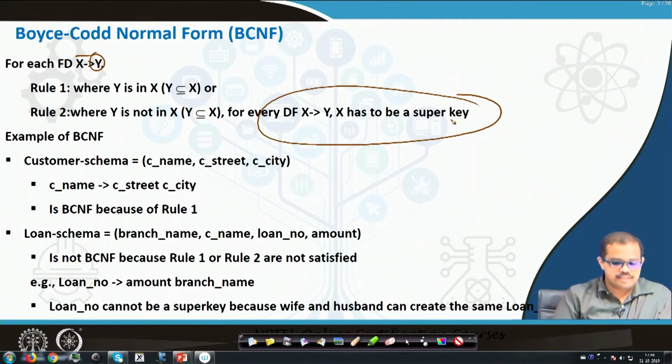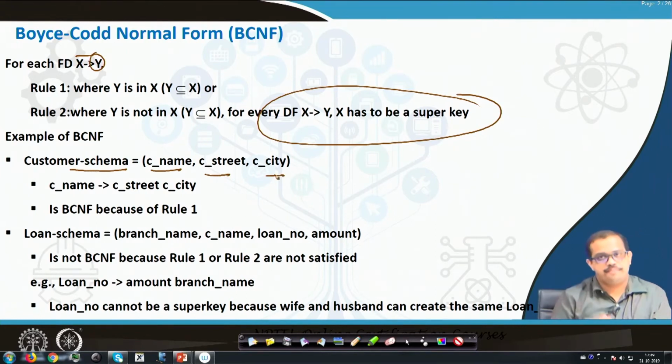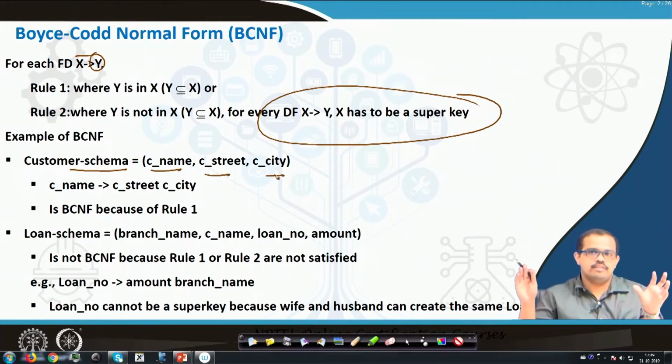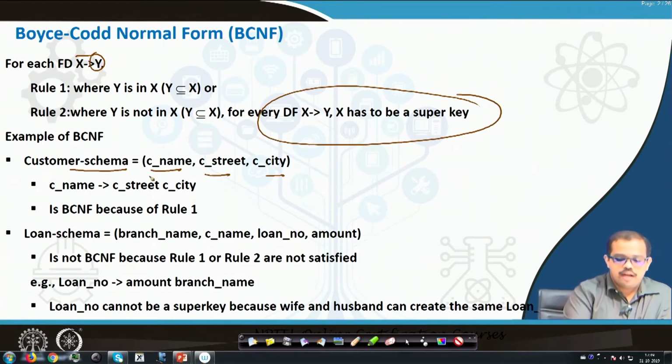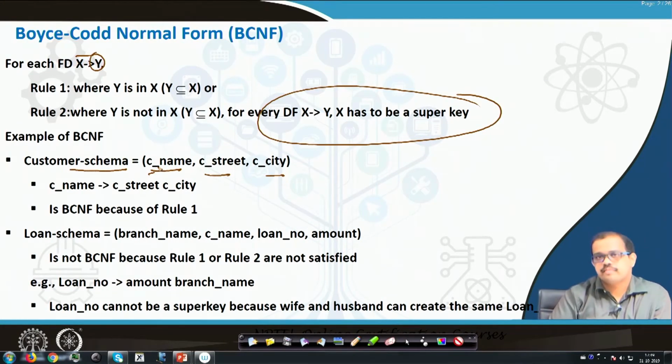Let me give you an example of this. We have a customer schema or customer database. We have customer name, and where he stays, which street and which city. Let us say that we are trying to look at the database of Amazon. Amazon may have a huge number of customers all throughout, or Flipkart may have a huge number of customers all throughout. So, now I have a customer name who has ordered on Flipkart and his or her street and the city where he or she stays.